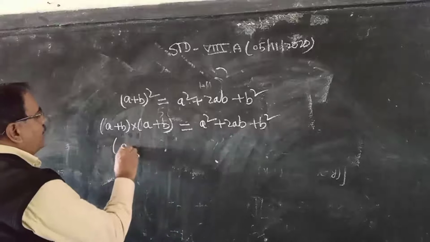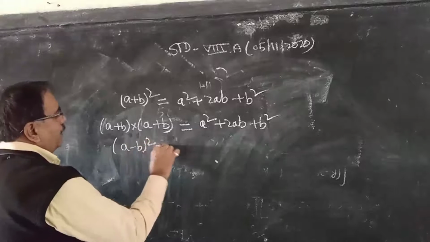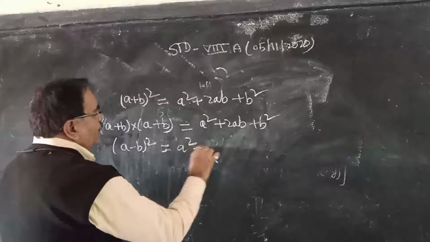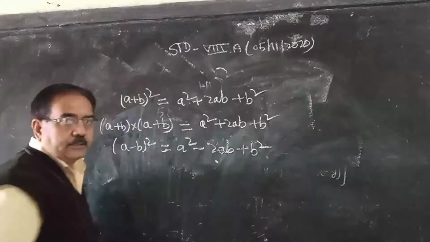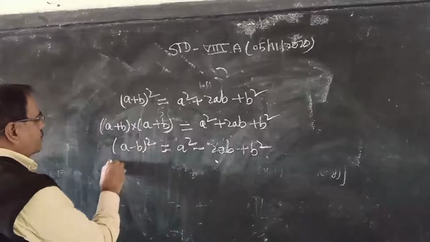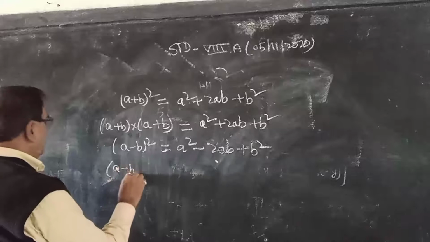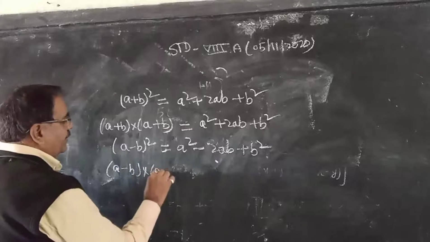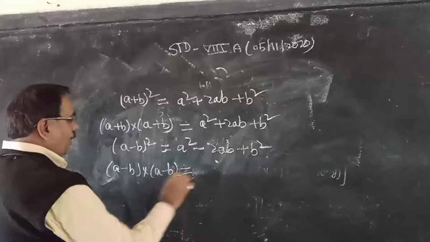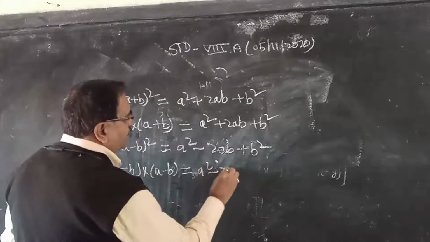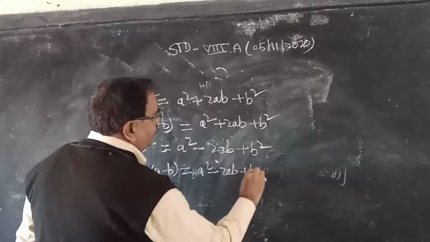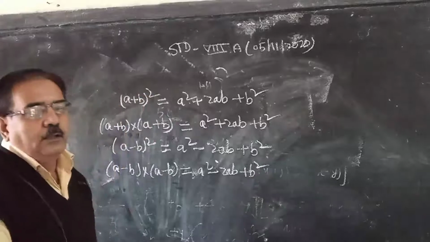Similarly, a minus b whole square is equal to a square minus 2ab plus b square. So a minus b whole square means a minus b written 2 times, a minus b into a minus b. When we multiply these two brackets, we get a square minus 2ab plus b square.